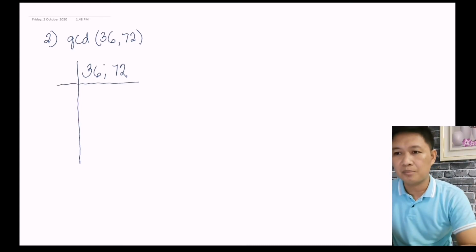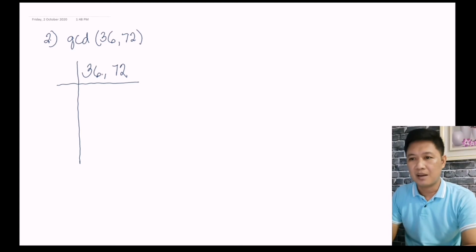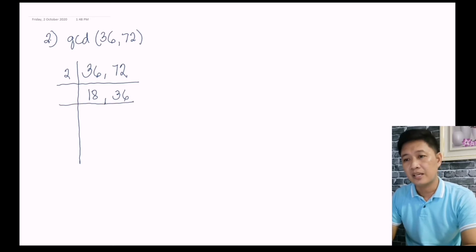Anong pinakaunang prime factor na pwedeng magamit sa kanila? Since they are both even, pwede natin gamitin ang 2. So 36 divided by 2 is 18, and 72 divided by 2 is 36. Divide na naman natin. Anong common sa 18 and 36 na prime? Very good, that is 2. So 18 divided by 2 is 9, and 36 divided by 2 is 18.